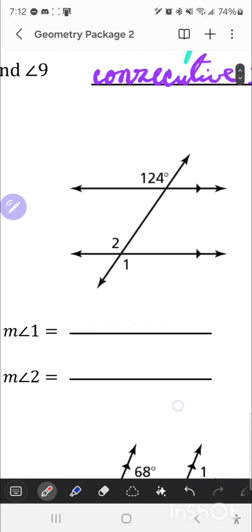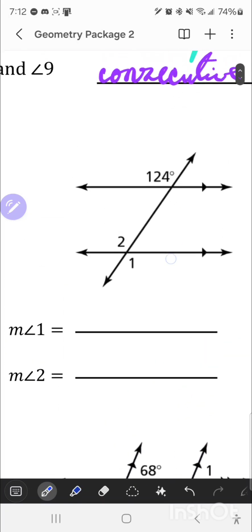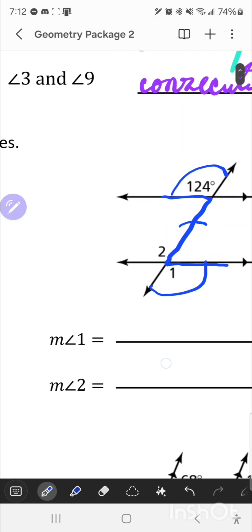Now, next. Okay, this is 121 and 1. And I just see here, this is Z. So they are alternate angles because this is Z. They are specifically alternate exterior, but we don't care about that right now.